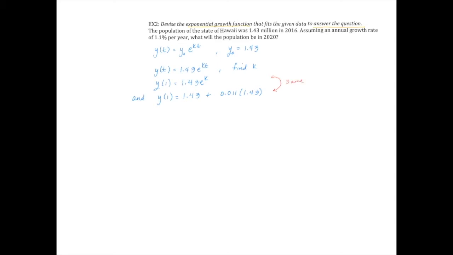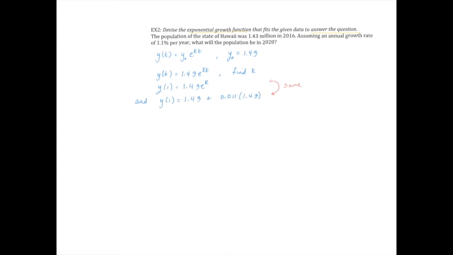So if I set them equal to each other, that will give me one equation with one variable, and I can solve for k. Now I could plug this into a calculator, but we want to use exact answers wherever possible. So in this equation, I'm going to note that I could factor out the common 1.43 in each term, which will leave me 1.43 times (1 plus 0.011), or 1.43 times 1.011.